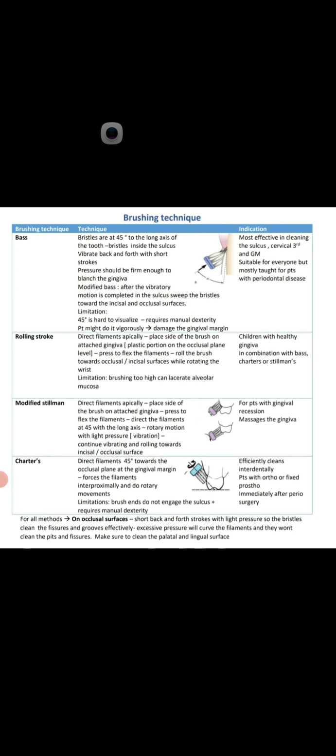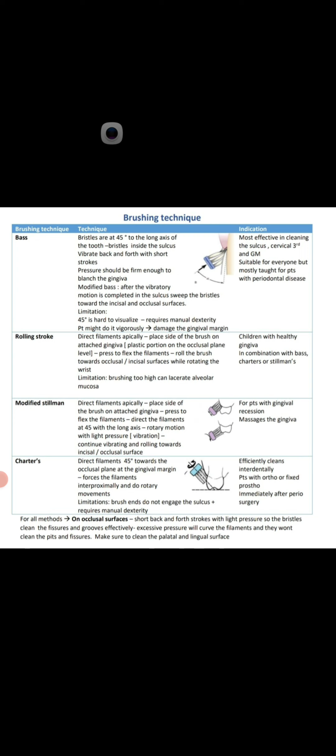This MCQ came in last June NLE attempt of the dental exam: bristles are at 45 to the long axis of the tooth, bristles inside the sulcus, vibrate back and forth with short stroke. Which type of method? This is the Bass method. And pressure should be firm enough to blanch the gingiva.